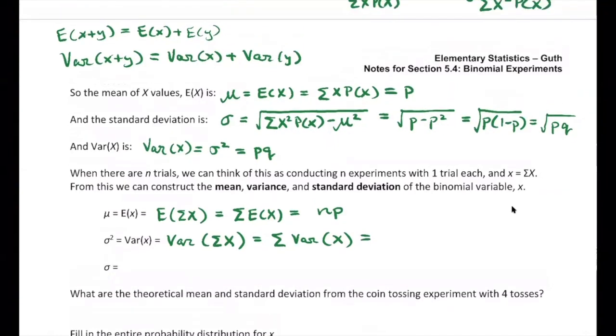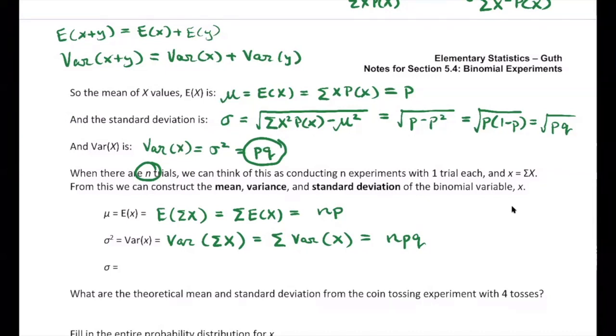If you go back, the variances are all P times Q, and there are N of them. Each time you do the experiment, the variance is PQ. You're doing the experiment N times, and the variances will add, so it's N times PQ, because you're doing it N times.